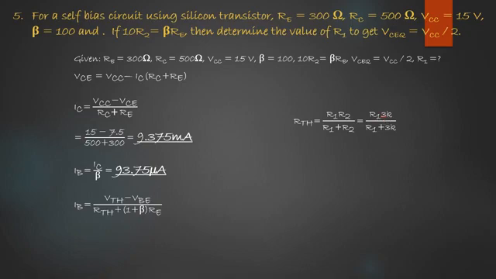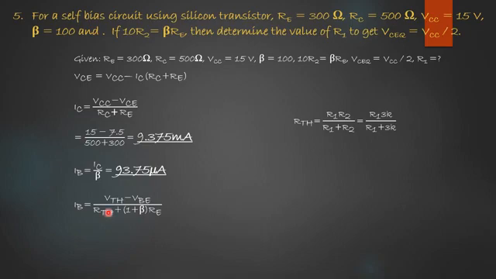We know R2 because it is given that 10 R2 is beta times RE, where beta is 100 and RE is 300 ohms. Substitution gives R2 equal to 3K. So RTH is equal to R1 into 3K upon (R1 plus 3K).